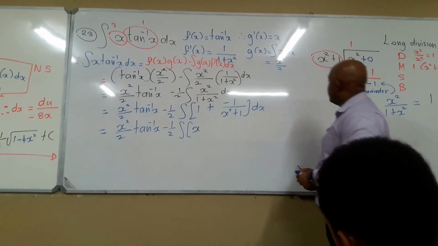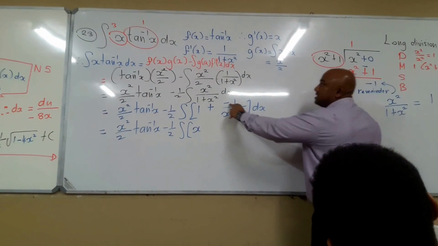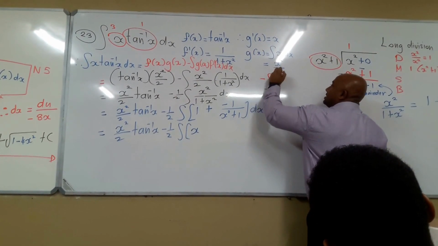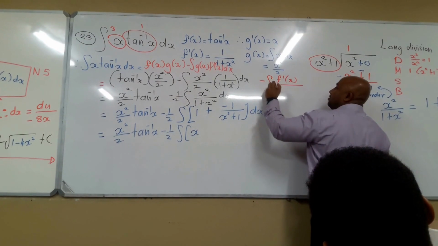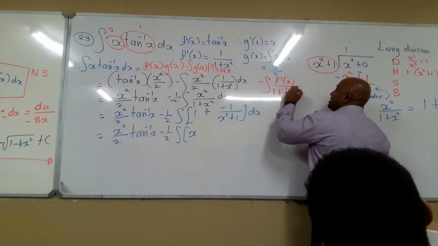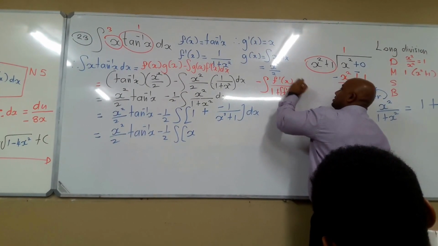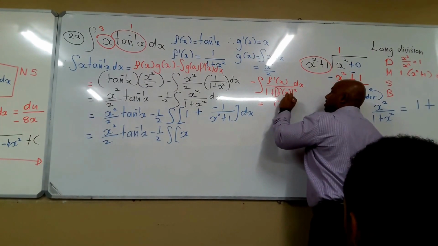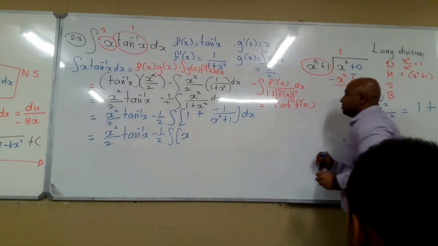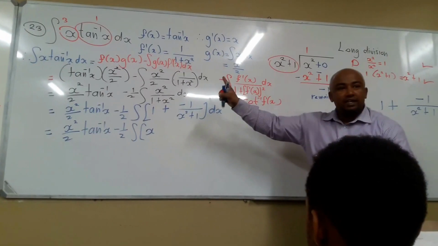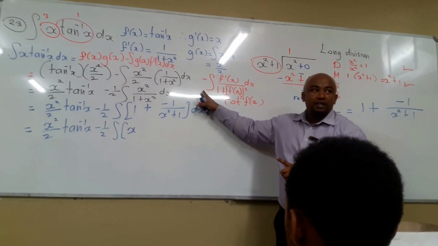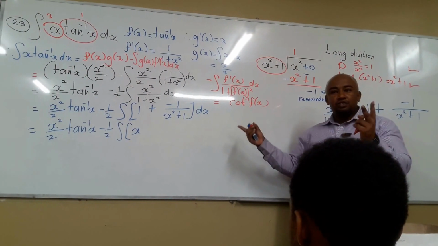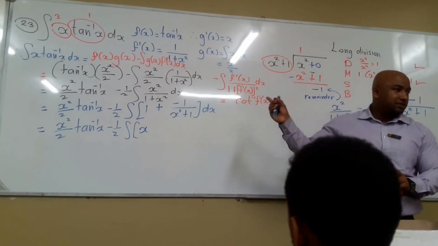Now, if there's a minus here, what will it be? If you integrate minus f prime x all over 1 plus f of x all squared, it is going to equal inverse cot. The only difference between inverse tan and inverse cot is the minus sign. The only difference between inverse sine and inverse cos is the minus, and the other two, inverse sec and inverse cosec.